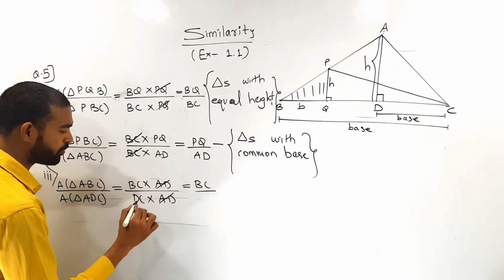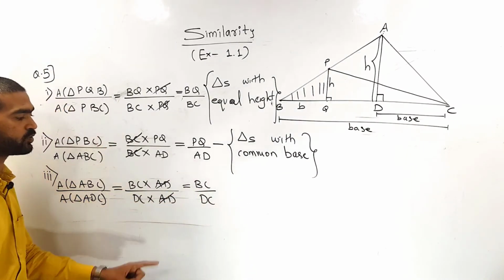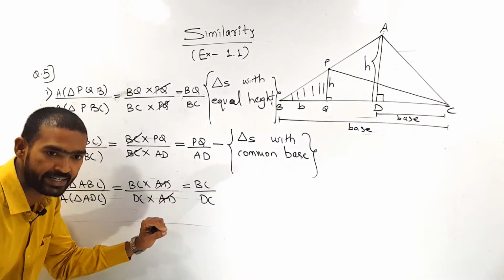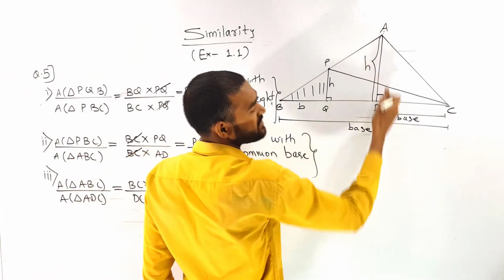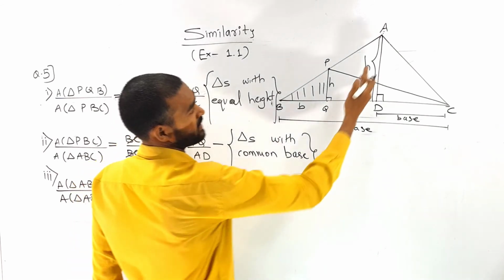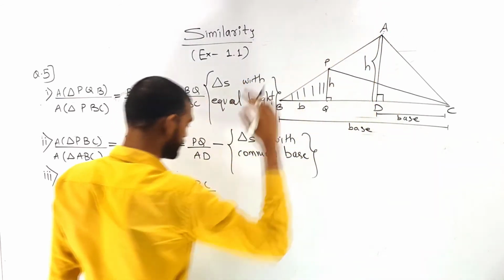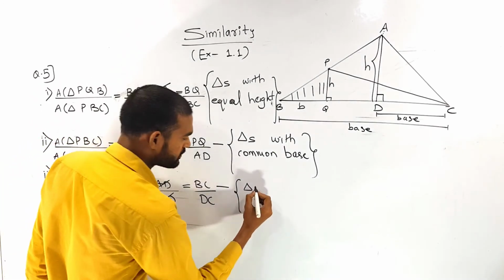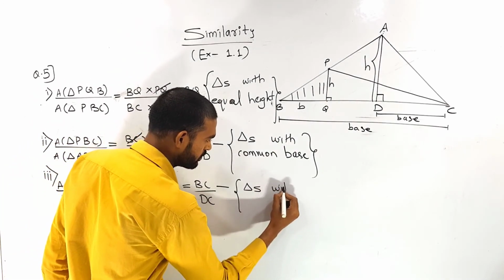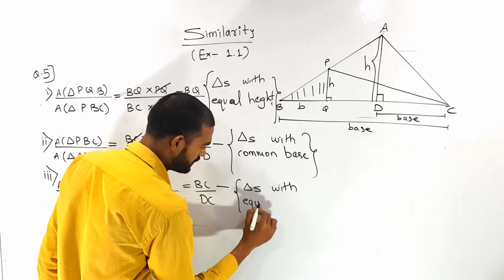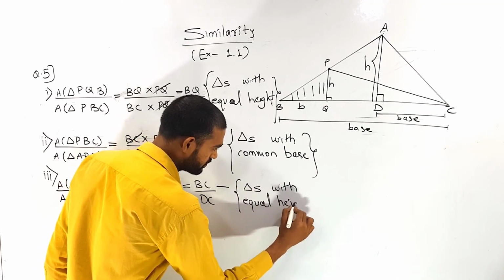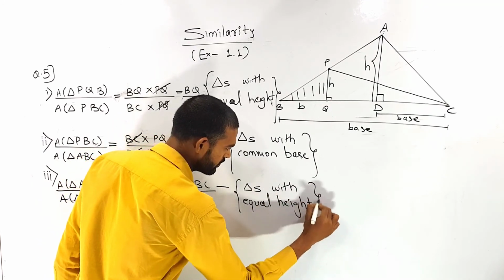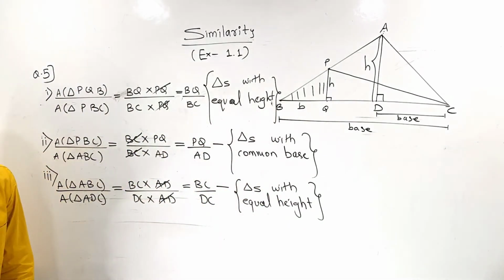What do I have left? BC upon DC. Whom have I cancelled? I have cancelled AD. What is AD? AD is height. So it means triangles with common height or equal height. So we'll write here the property: triangles with equal height. Clear, students, this much? Yes.